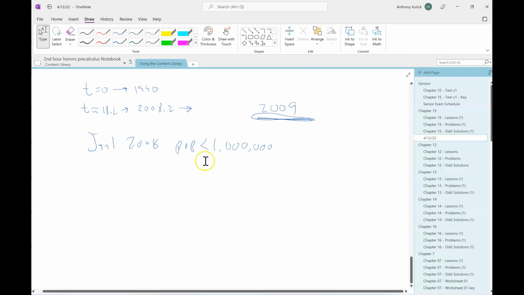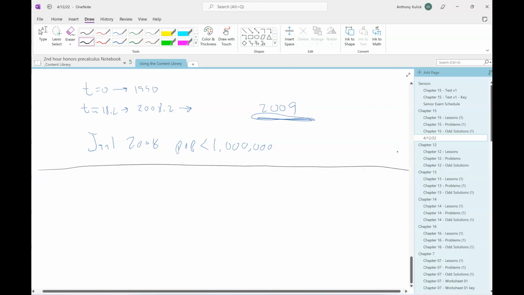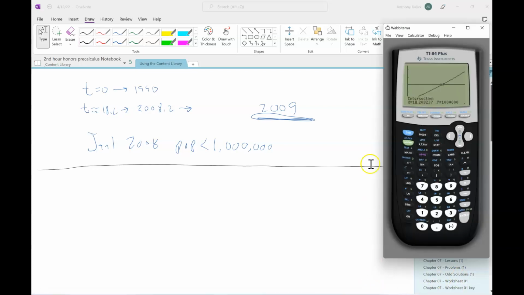All right. Now, when we talk about populations, is an exponential function the best way to describe a population? No. Let's take our same function here.